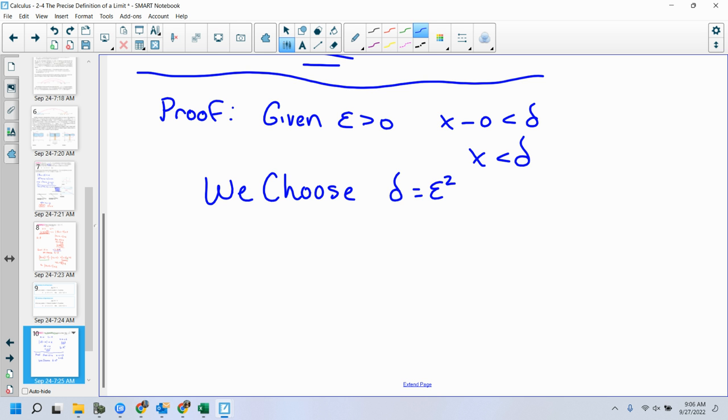So we know that the absolute value of x minus 0 is equal to the absolute value of the square root of x, which is equal to just the square root of x, because it's always going to be positive.